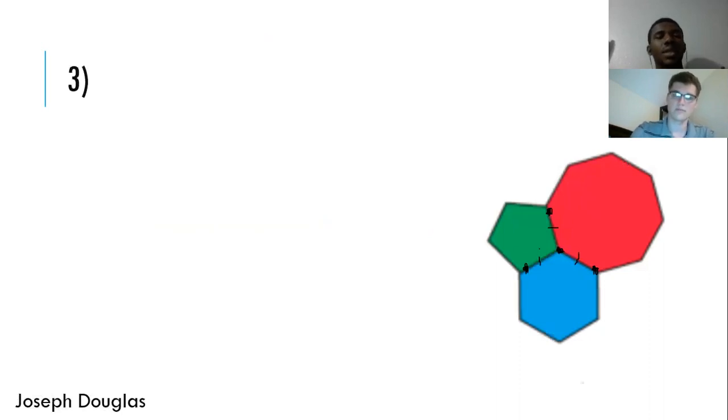For my last one, can you explain to me what a vertex figure is? Okay, so a vertex figure has to do with tiling, and in this case, it's a figure made up of other figures in which there's no overlap. Think about a brick wall. You have two bricks stacked on top of one another, and where those two touch lines up vertically with the middle of a brick above.